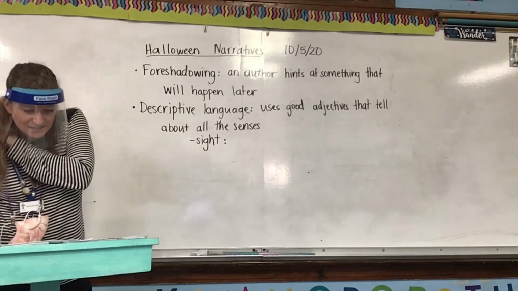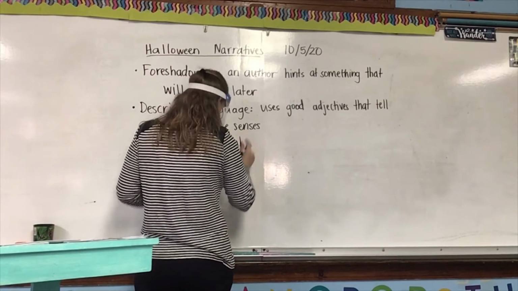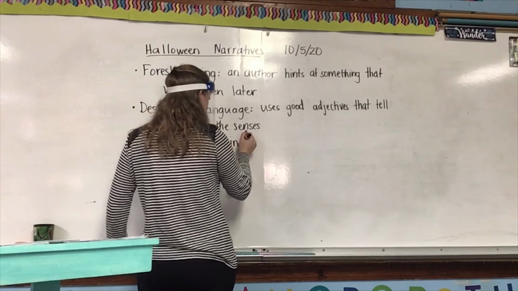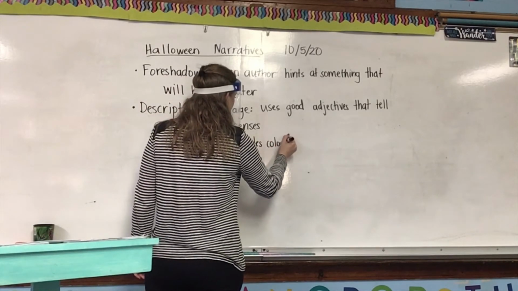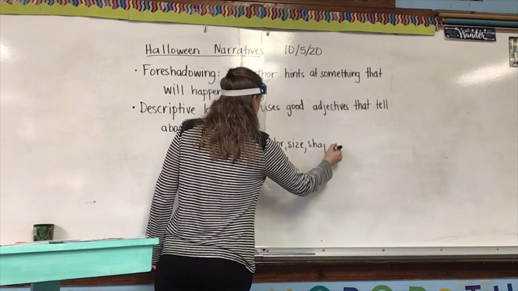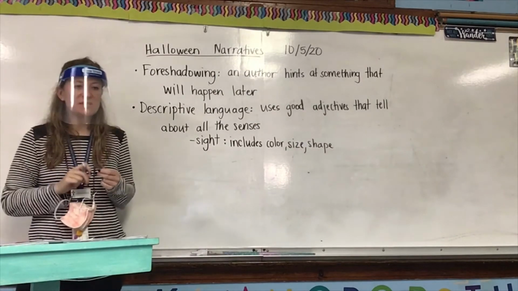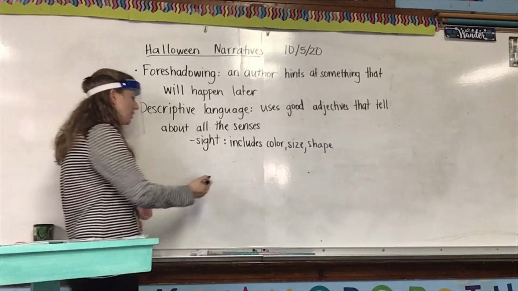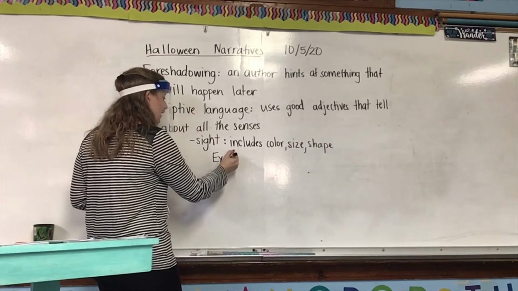So sight includes color, size, and shape. So when you're using descriptive adjectives for sight, you would include color, size, and shape.